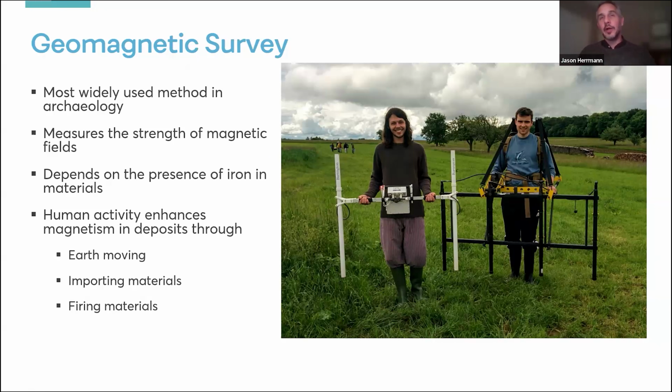The first thing we'll concentrate on, and we'll come back to at the end, are the results from a magnetic survey. Geomagnetic survey is the most widely used approach in archaeology. There are a variety of instruments that can be used to collect it. What it does is it measures the strength of the Earth's magnetic field as it's influenced by things around it.